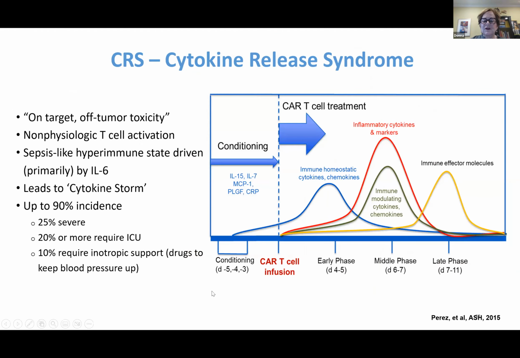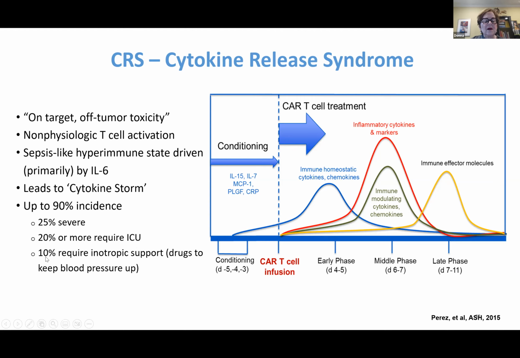This just shows the different timing for the markers that go up. And this has been described when it occurs as a cytokine storm. We have rigid criteria that we have to move people to the intensive care unit for monitoring.